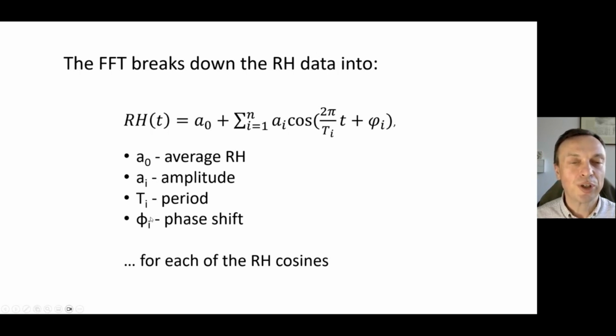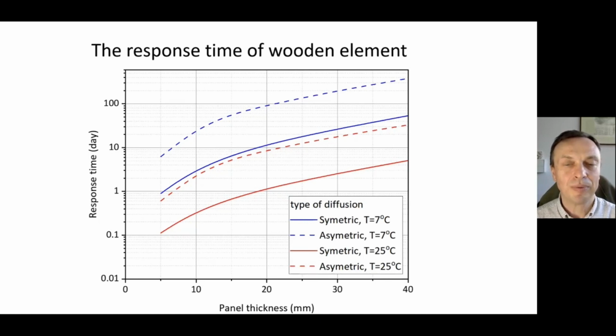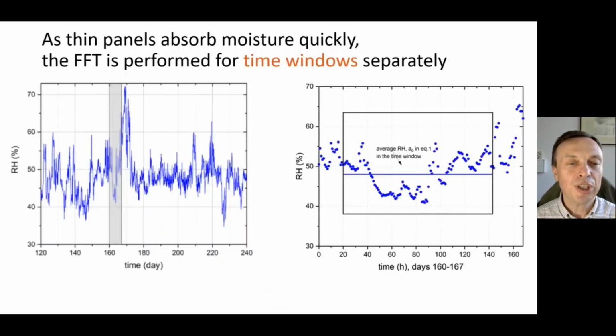But the Fourier transformation also gives us information about the average RH level. Because the response time of the object could be shorter than one year, the object adapts to the new level of humidity variation. This is why the Fourier transformation is performed in windows corresponding to the response time of each individual object. This window moves, and we perform the Fourier transformation in each window separately.